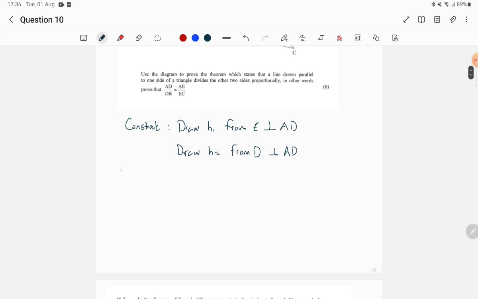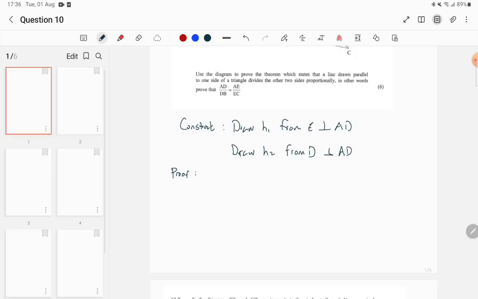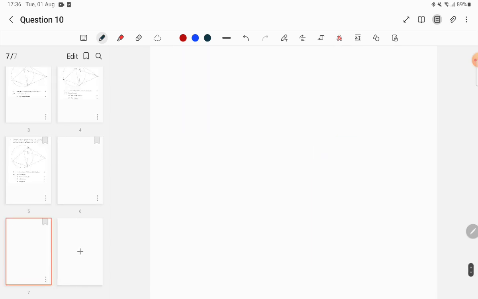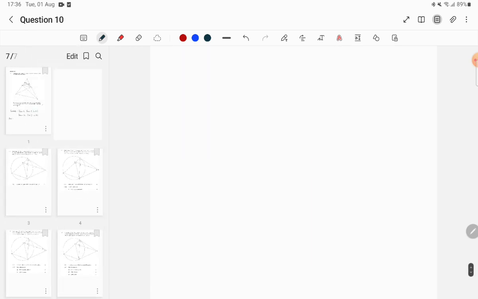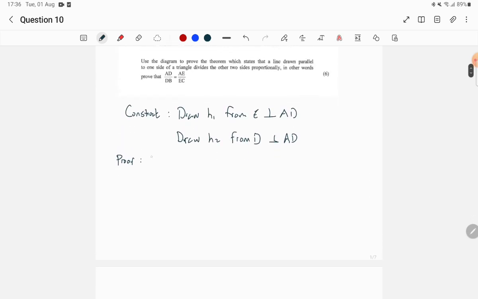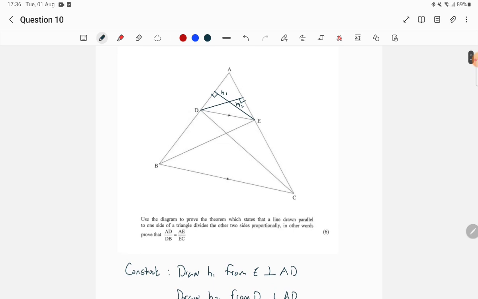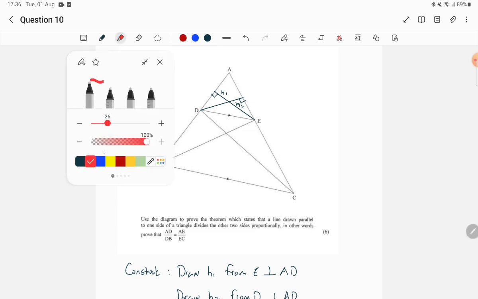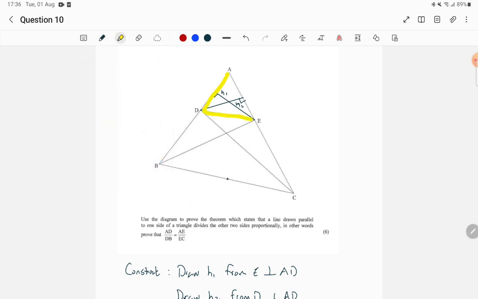So firstly, the proof is the fact that we are using a ratio between the two areas. And if we have a look at the triangle ADE, and the triangle BDE, let's just highlight these two here. So ADE, that's our main triangle here at the top.